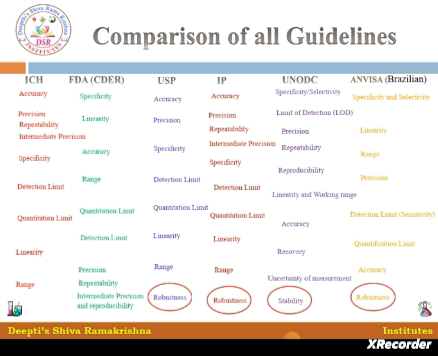If you verify these guidelines carefully, the order of the parameters is different from each other. In some guidelines, the first parameter given is accuracy, in others specificity. So the order is changing. In the second one, some have linearity, others precision, some limit of detection. Like that, the order of parameters is different across these guidelines.